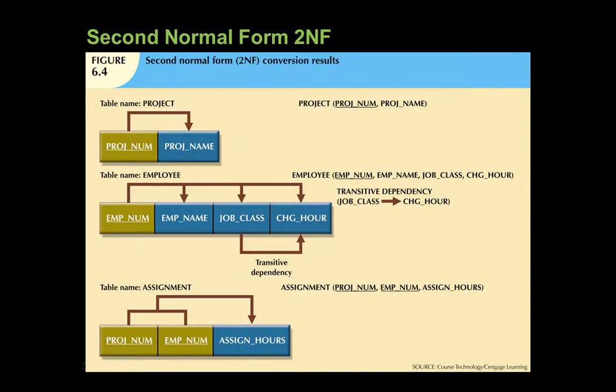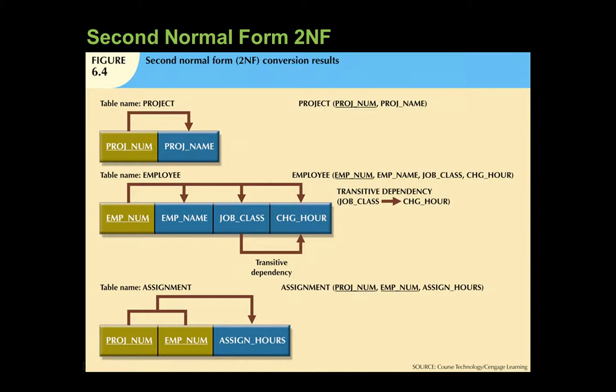Now, it's very easy to see in the project table that the project number relates directly to the project name. And in the employee table, the employee number and the employee name directly relate to each other.